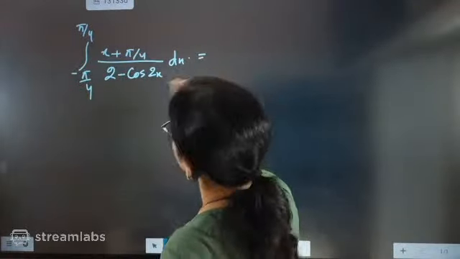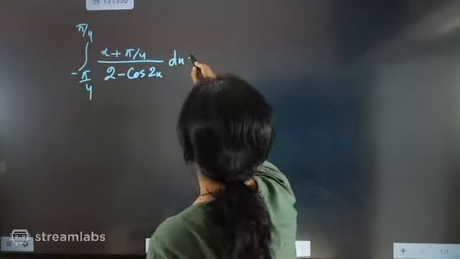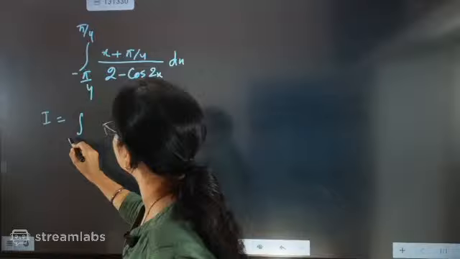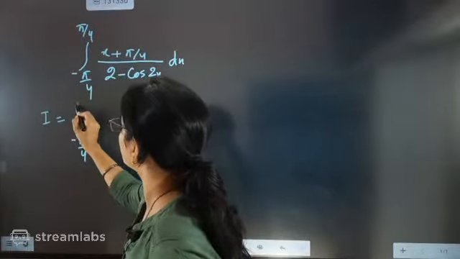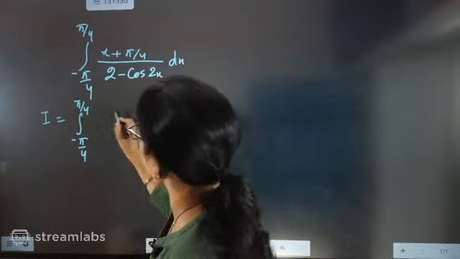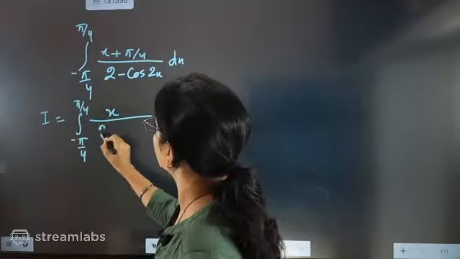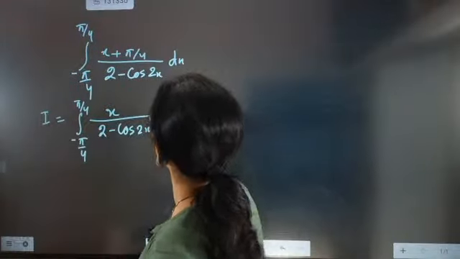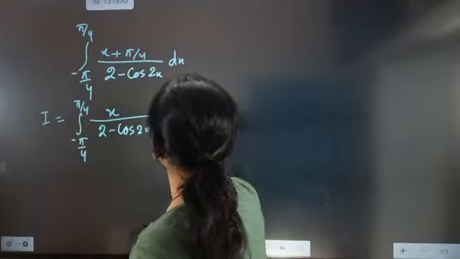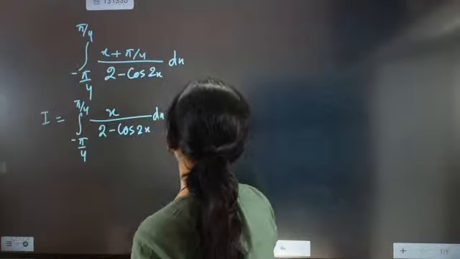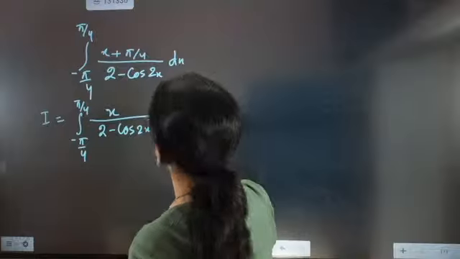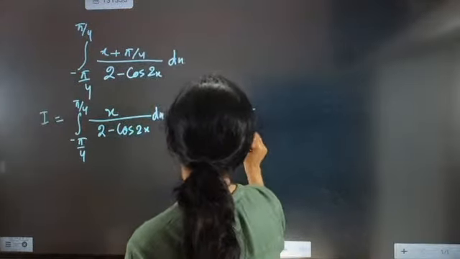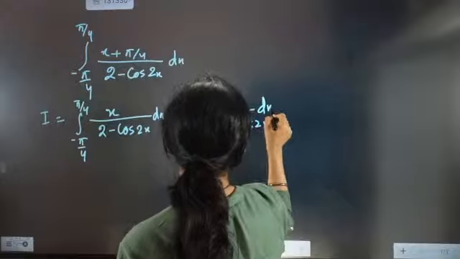So we are going to first let it equal to I. Here only I am going to write I will be equal to integral from minus pi by 4 to pi by 4 of x by 2 minus cos 2x dx, plus pi by 4 outside, integral from minus pi by 4 to pi by 4 of 1 by 2 minus cos 2x dx.